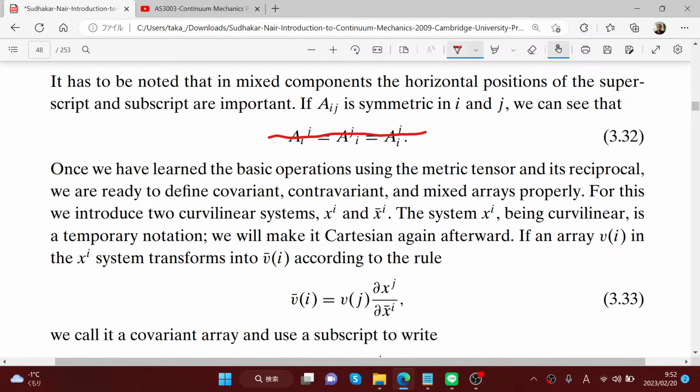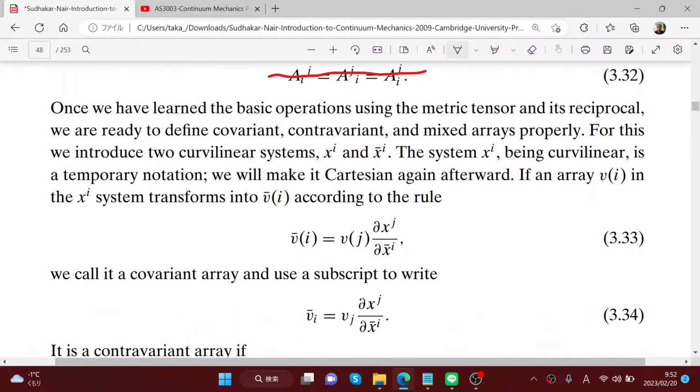Once we have learned the basic operations using the metric tensor and its reciprocal, we are ready to define covariant, contravariant, and mixed arrays properly. For this, we introduce two curvilinear systems, xi and x bar i. The system xi being curvilinear is a temporary notation.